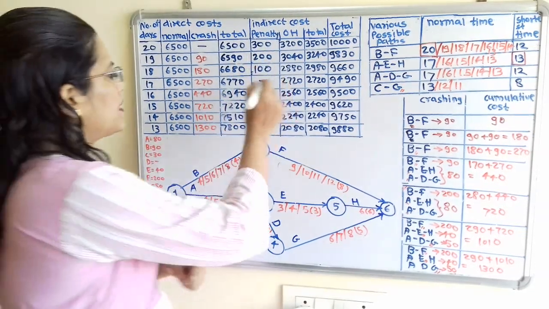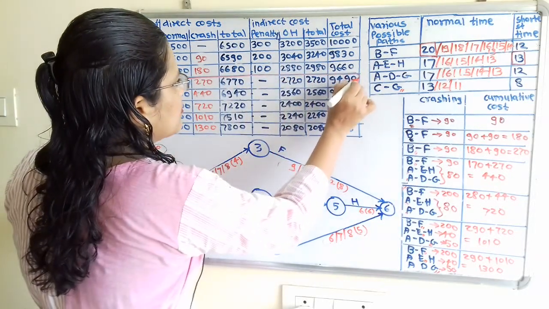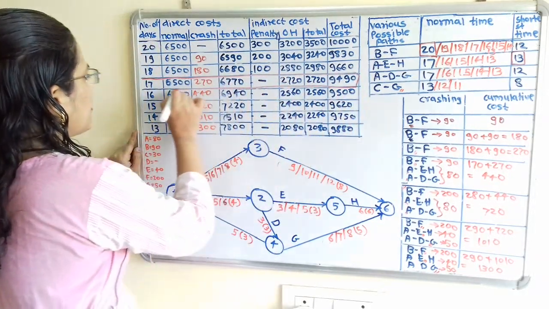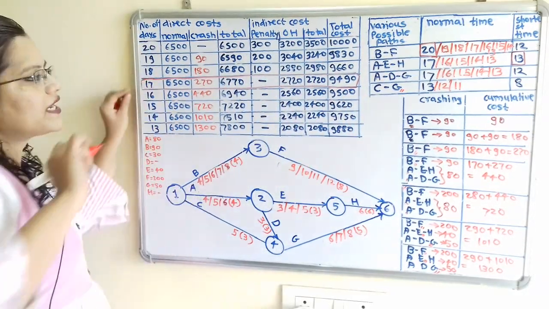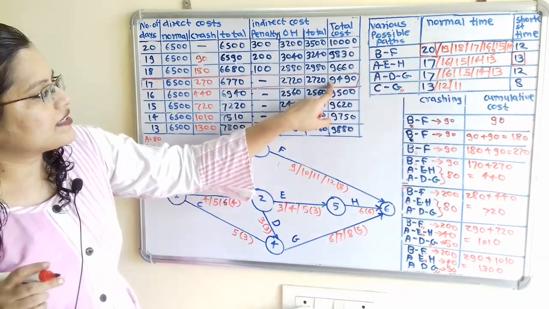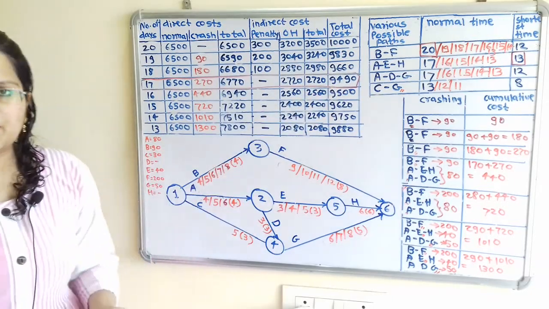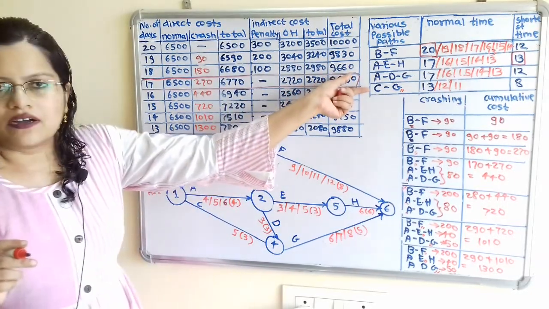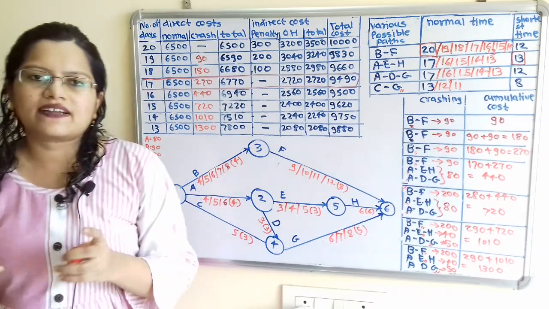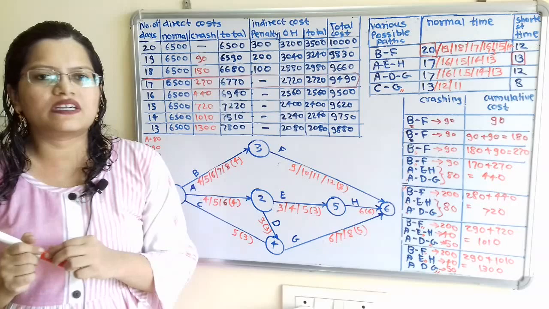So I will make a bracket here. If we crash the project to 17 days, there is the lowest cost, that is rupees 9490. So we have to select the time for completion of the project equal to 17 days.